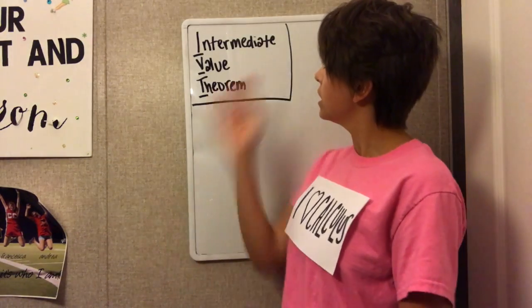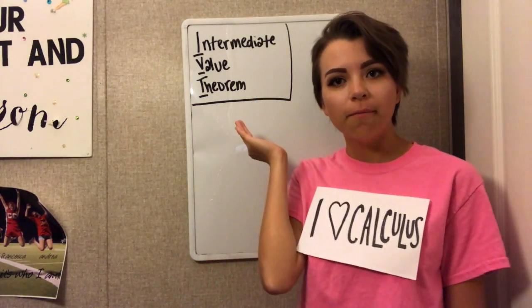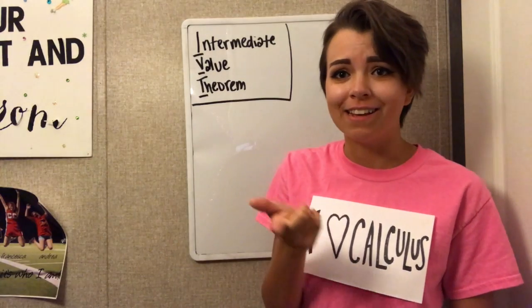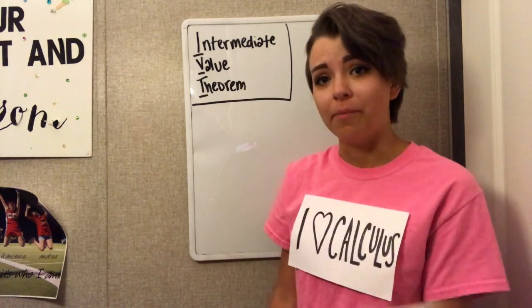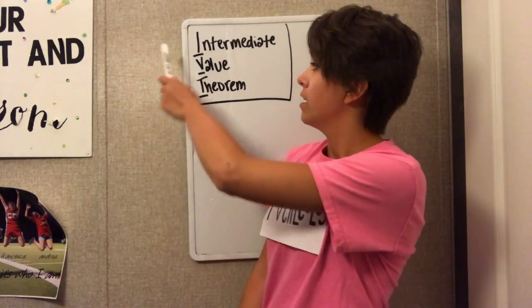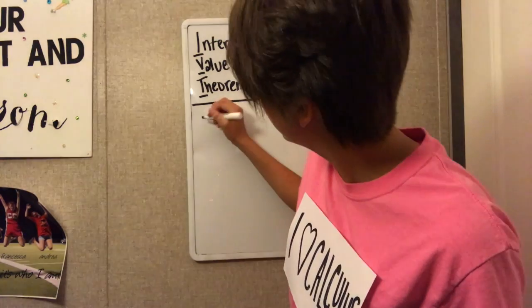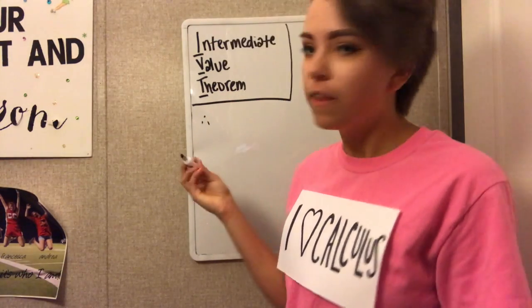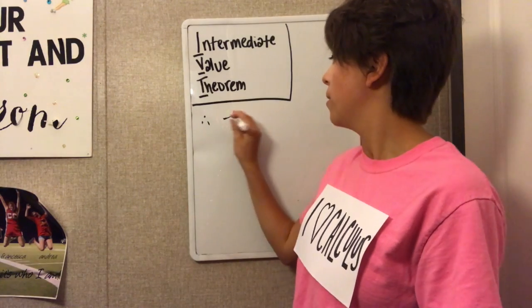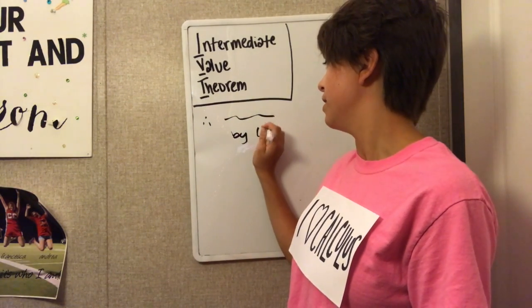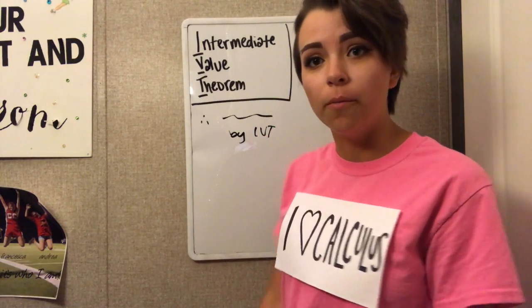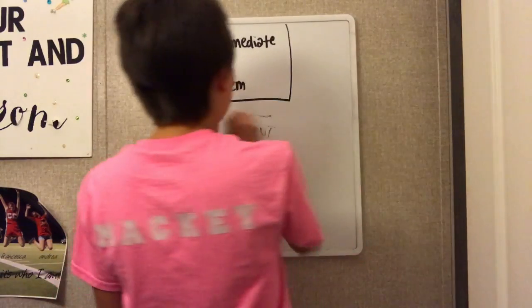IVT stands for Intermediate Value Theorem, but you will never have to say that on the calculus test, the AP test. You'll just have to say IVT. And usually you'll use the little 3-dot thing that means therefore, blah blah blah, by IVT. Bada bing, bada boom. You're good.